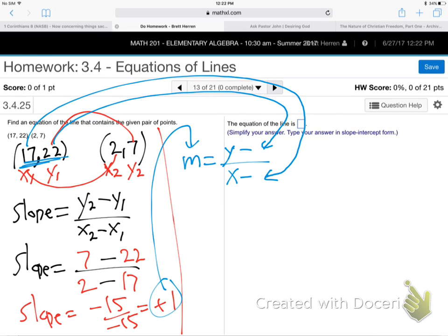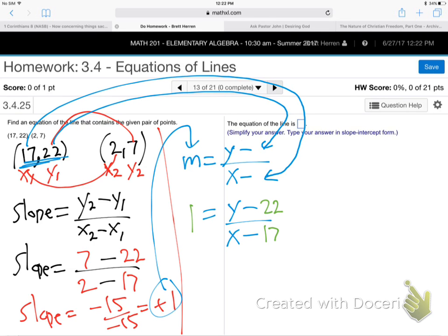So what are we going to get? 1 equals y minus over x minus. And the y is 22 goes in the back and 17 goes in the back. Like that. Is that good? Making sense? You know what to do now, right?